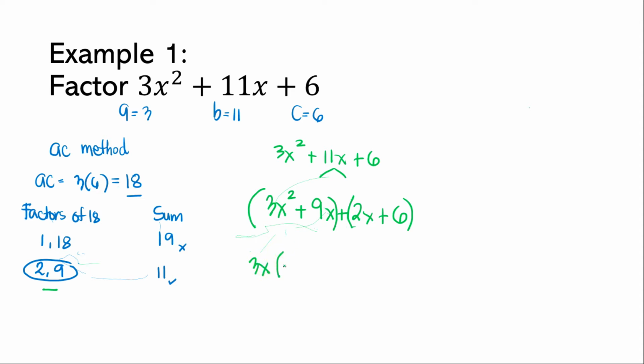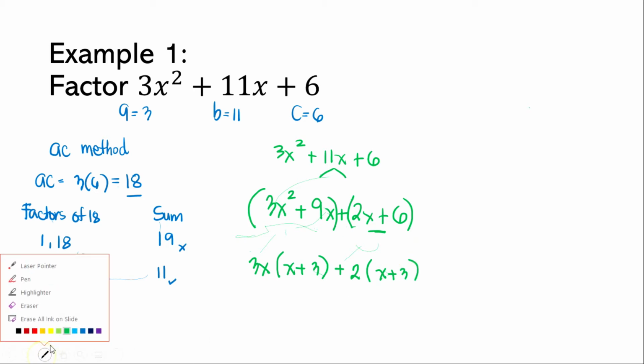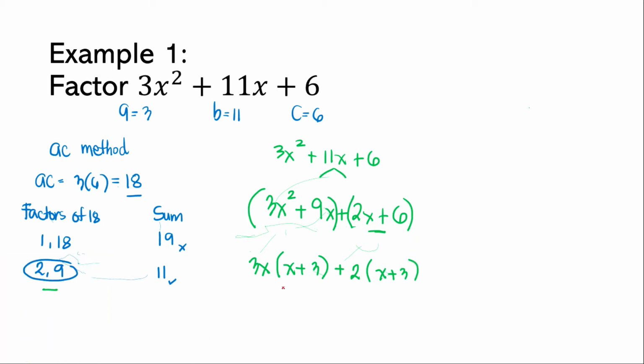Tapos may iwan sa loob is x plus 3. Then, on our second group, 2x plus 6, we can actually factor out 2, leaving us with x plus 3. So, as you can see, meron tayong common dyan. We have here x plus 3.